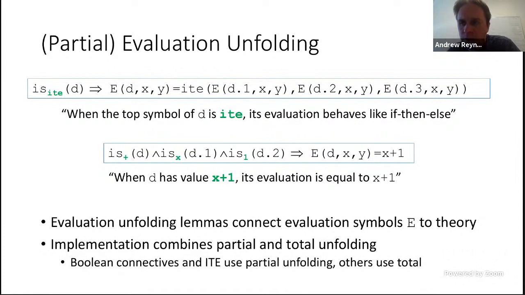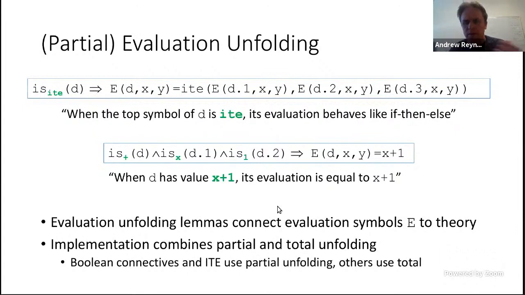We also use what's known as partial evaluation unfolding. So the formula at the top here is saying when the top symbol of D is ite, its evaluation behaves like if-then-else, which you can express in a fairly straightforward way. We can also do total evaluation, where essentially when D is fully specified, then we relate its evaluation to its built-in analog.